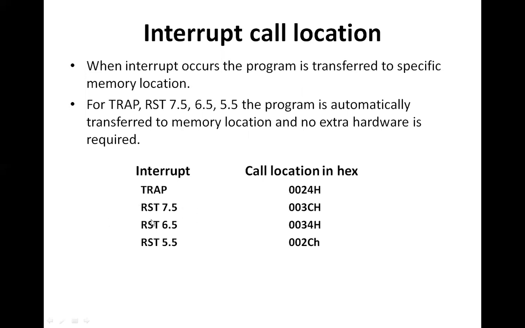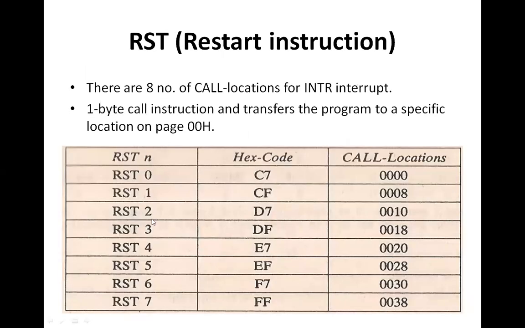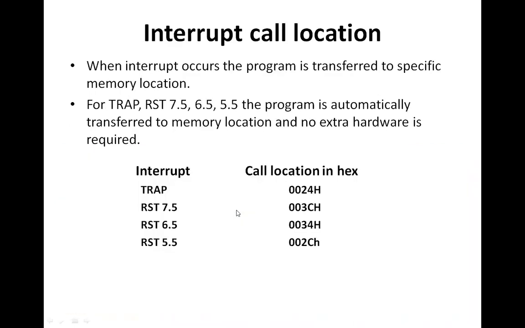Whenever any device connected with RST 7.5 is going to interrupt the processing operation of the 8085, it automatically transfers its control to the 003C memory location. But if any device is connected through the INTR line, that device will not directly transfer to the call location.